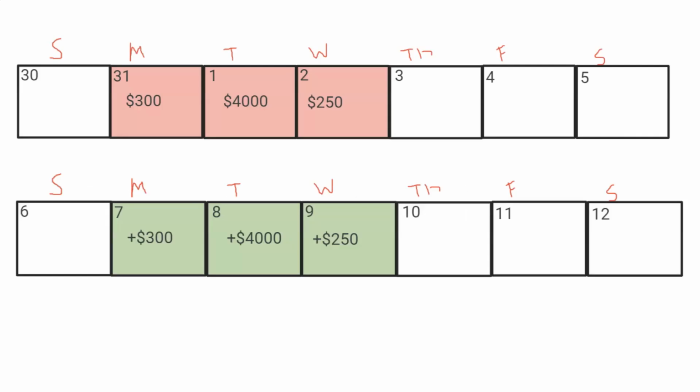Here we have 2 sets of weeks. We have one that is going Monday, Tuesday, Wednesday from the 31st, 1st, and 2nd. And then we have another that starts on the 7th, 8th, and 9th. In the top, we are receiving crypto to our Cash App wallet. On the 31st, we receive $300. Remember, we start off with $10,000.